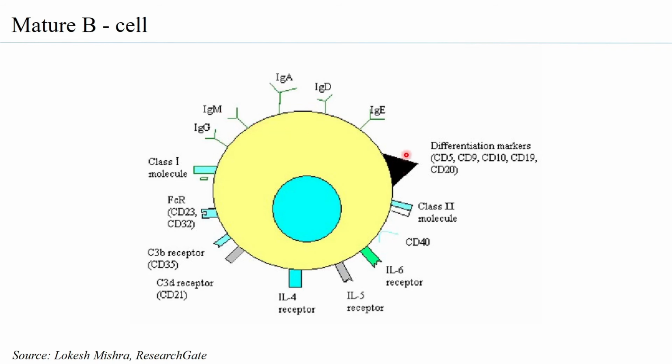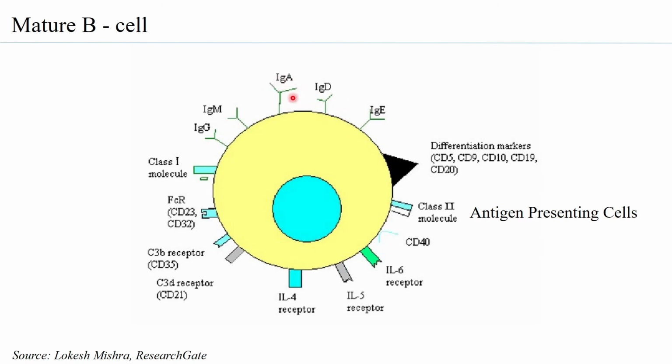It also has a different class of surface molecules, which are differentiation markers. That is, you can distinguish a particular B cell because of the presence of these marker molecules on its surface. It has class 2 MHC molecule. So the class 2 MHC molecule is able to present antigen on its surface, which means that the B cell can act as an antigen presenting cell.